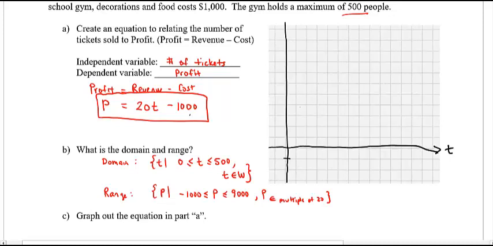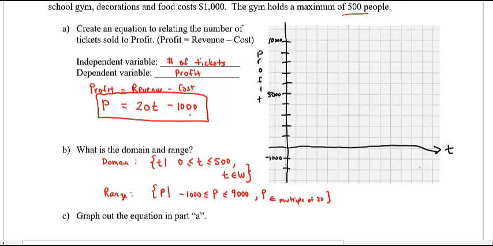So maybe I'll say this is negative 1,000, 1,000, 2, 3, 4, 5. Oh, I'm not going to fit this. Okay, maybe each one of these is 1,000 then. So negative 1,000, 1,000, 2,000, 3,000, 4,000, 5,000, 6, 7, 8, 9, 10,000. That's probably better. That's my profit.